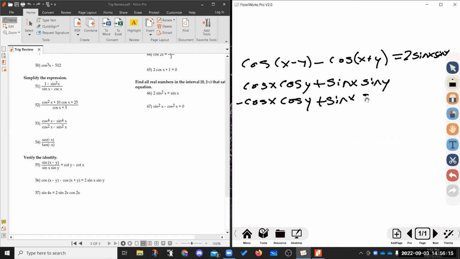Sine x sine y, we're going to add them together, and we have 2 sine x sine y, and that's exactly what my right-hand side says it is.